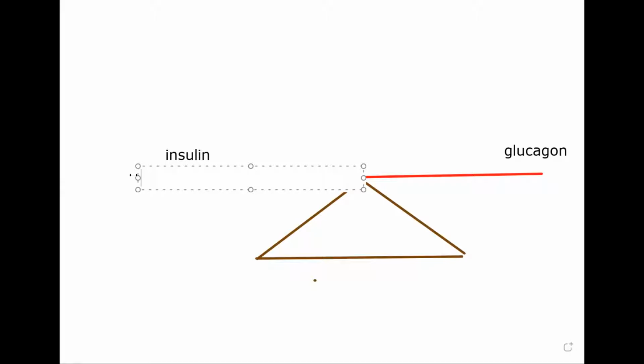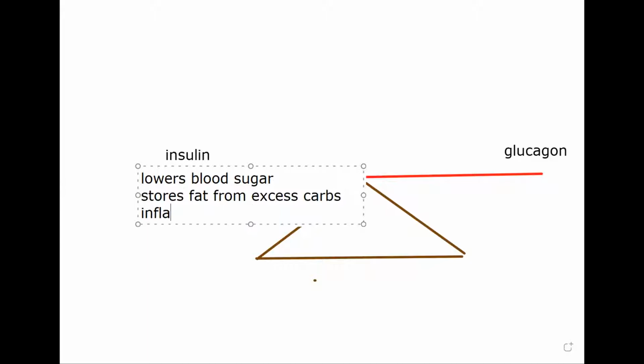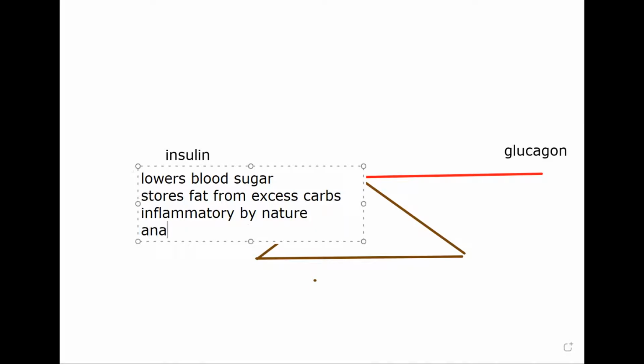Regulates your blood sugar? Remember, we're looking at process. Yes, but which direction? Down. Lowers blood sugar. Stores fat from excess carbs. That's what it does. It's inflammatory by nature. It's anabolic, in a bad way.